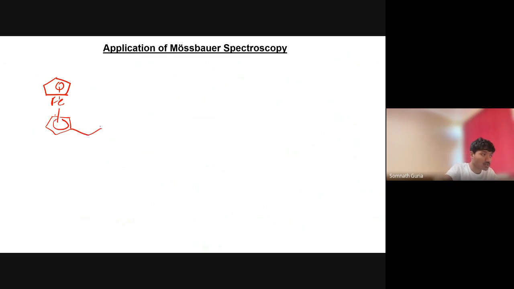We have this O, and this is a benzene ring over here, and similarly here we'll have a similar kind of molecule. Oh no, this is benzene.